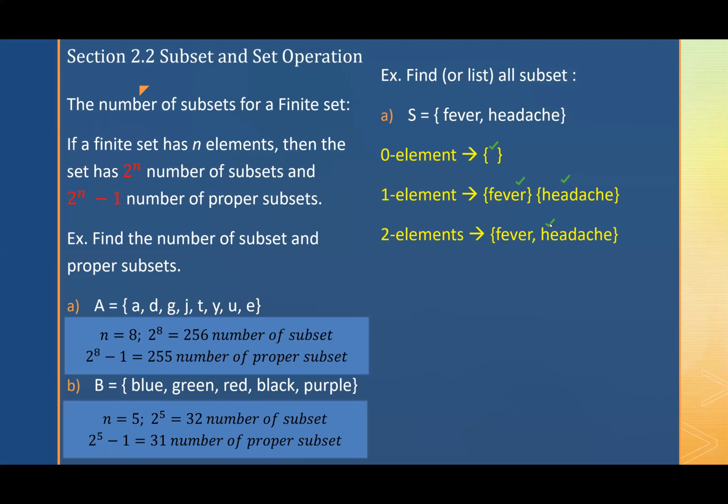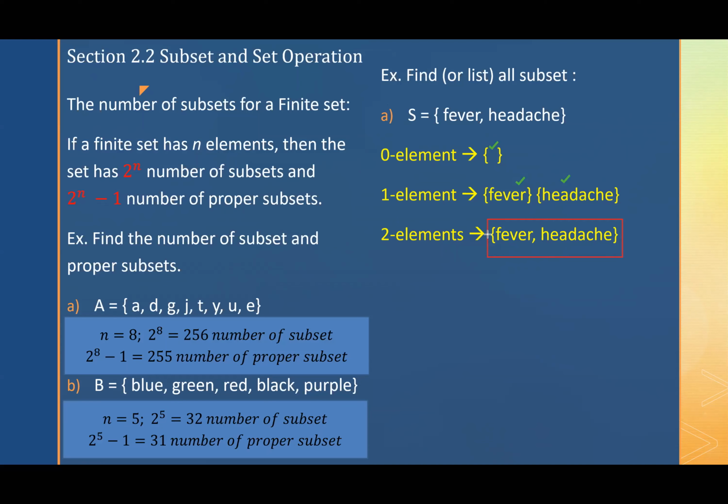Before I mention that, let me ask you, if we have 4 subsets, does everybody see why we only have 3 proper subsets? The reason we have 3 proper subsets is because of this set right here: they are equal. And because they are equal, they cannot be proper.